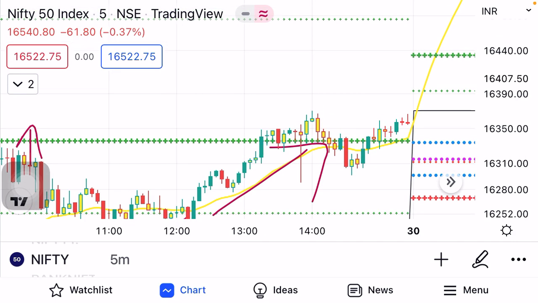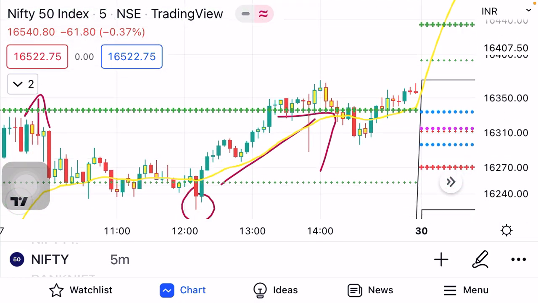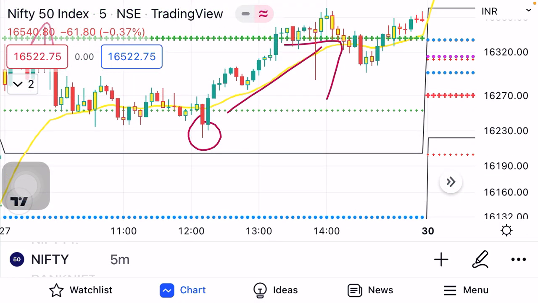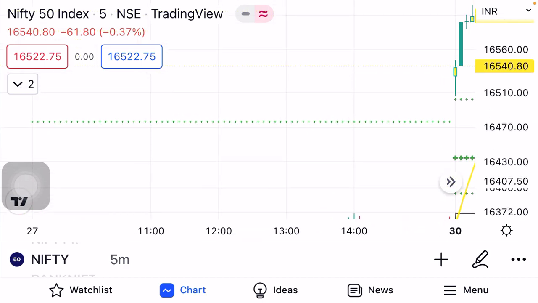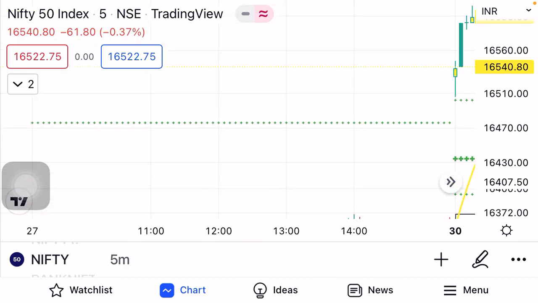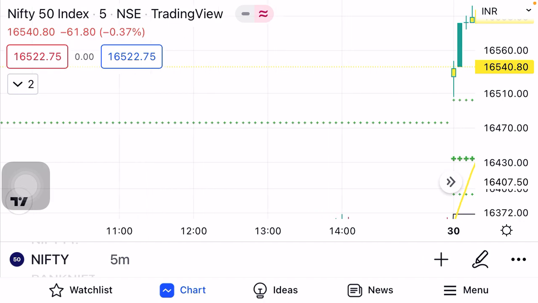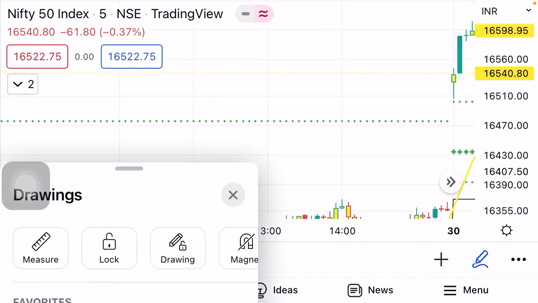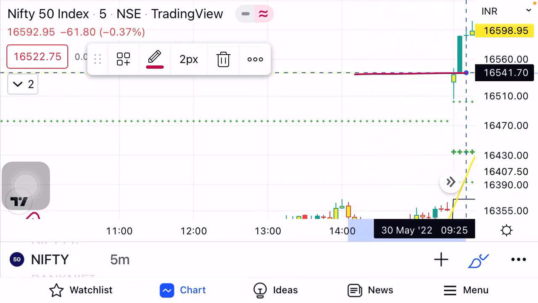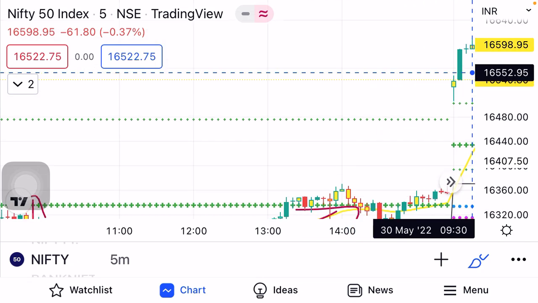Okay, we'll move on to the next day, that is 30th May 2022. See here the CPR is in uptrend, and we'll look at the opening candle. Okay, the first 5 minutes candle is a gap up and the CPR is also gap up, so we'll enter here at this point itself, right?